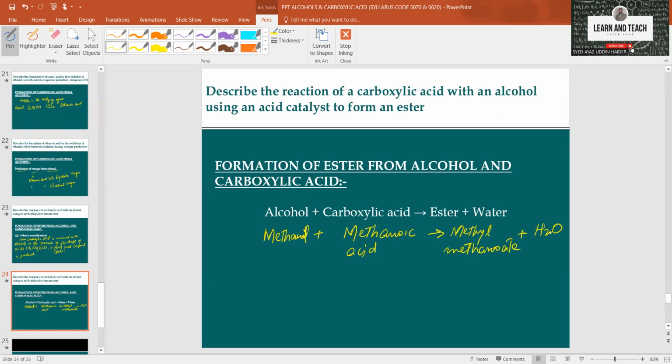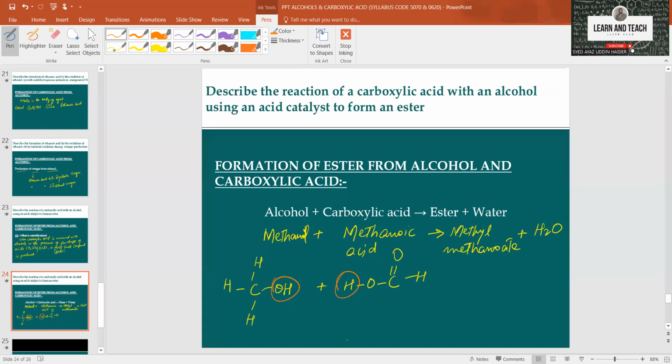Just look at the technique. So this is the displayed formula for methanol. Carboxylic acid. This is the displayed formula for methanoic acid. Remove H positive ion from acid and OH from alcohol.